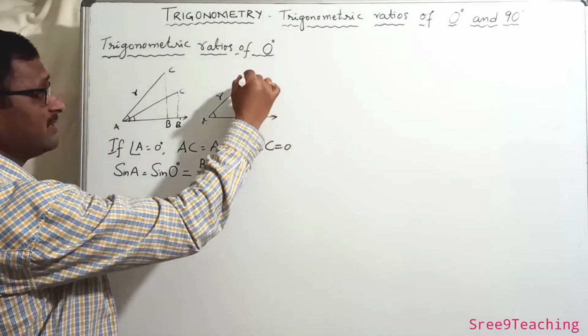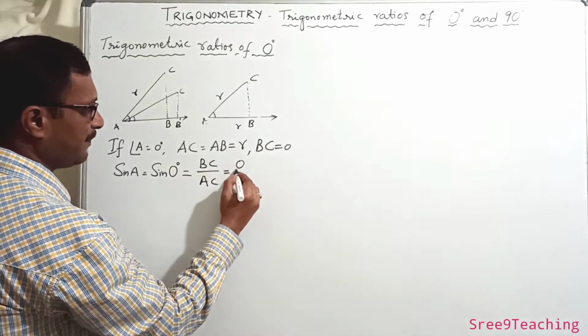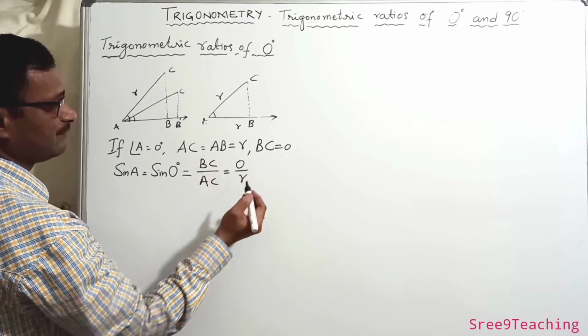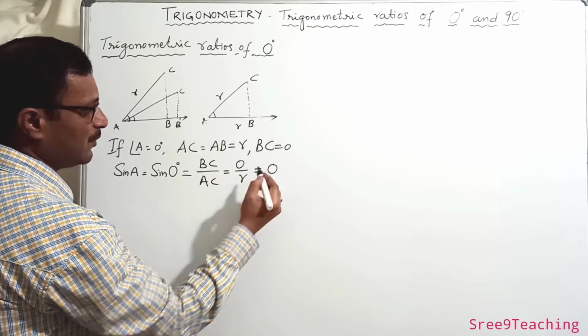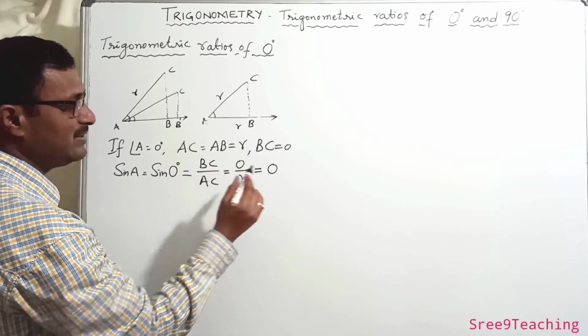There will be no height, isn't it? So here I am writing BC as 0 by AC, and AC is equal to R. Now 0 by R, 0 by anything is 0, right? Hence we find sine 0 degrees value is 0.